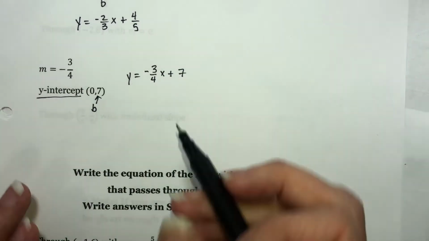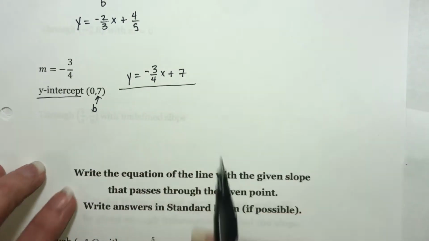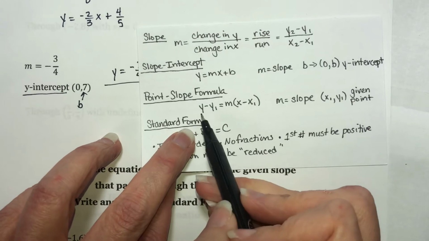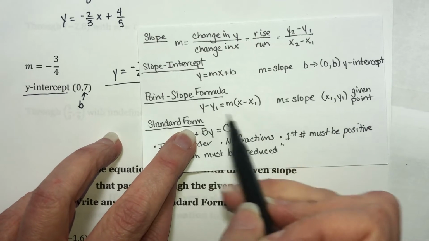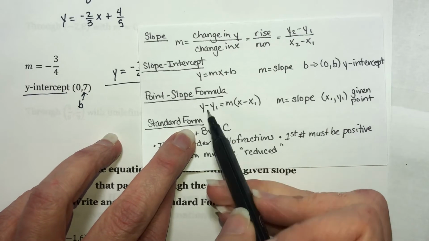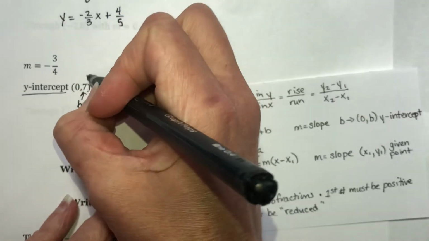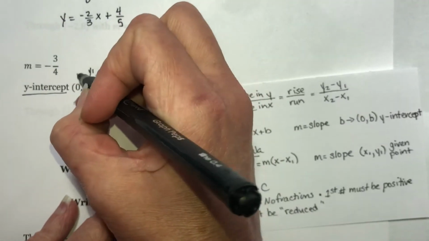Okay, now this one I'm going to work the other way as well, just to show you that it works. I'm going to plug into the point-slope formula and then we'll rearrange some things. So it's y minus y1. This would be my y1 and this would be my x1.